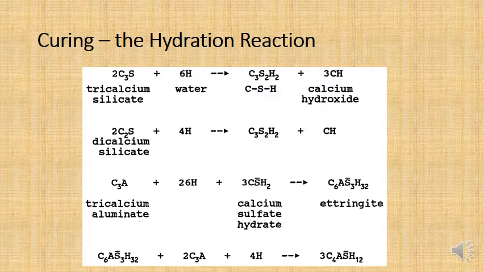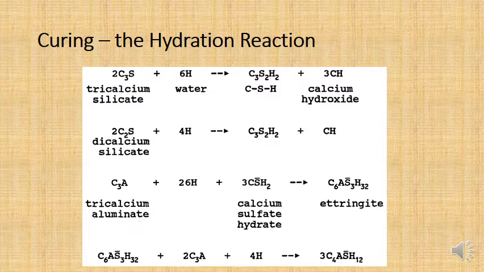Now, there is something that I need to tell you here. All of these reactions are just part of many different reactions that are taking place. This is just a sample.